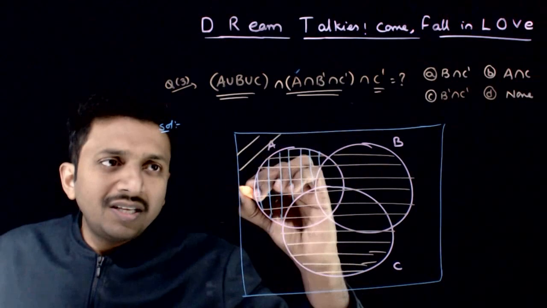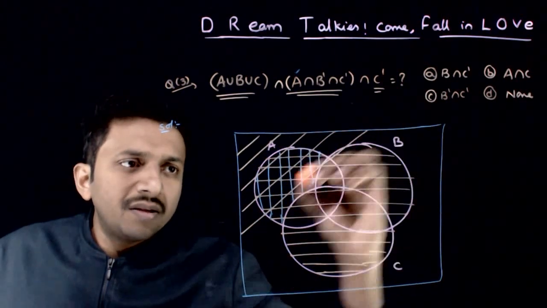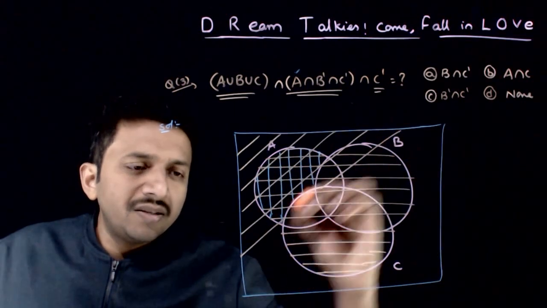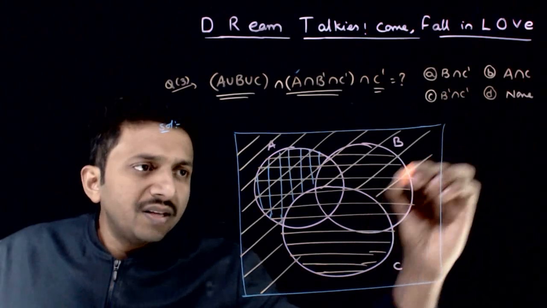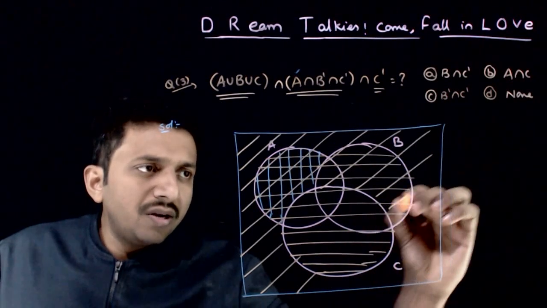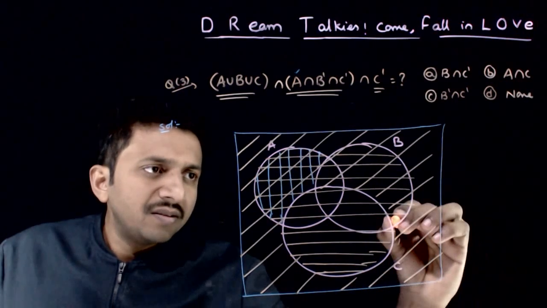So we shade all the region except the region corresponding to C.